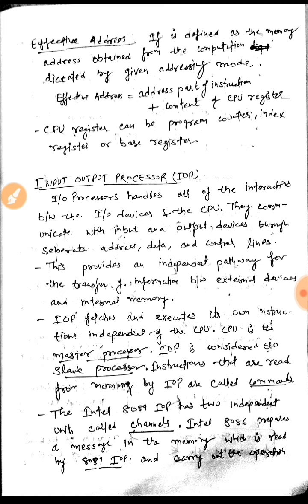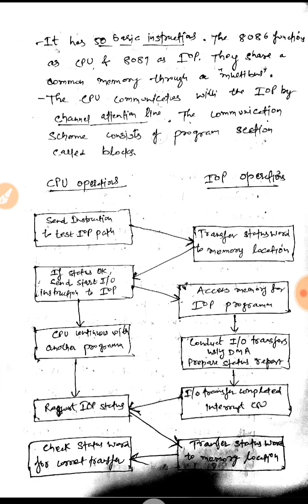So it will interact with the CPU or the microprocessor. It has 50 basic instructions. The 8086 functions as the CPU, whereas the 8089 is the input output processor to interact with the input output devices and at the same time with the CPU.